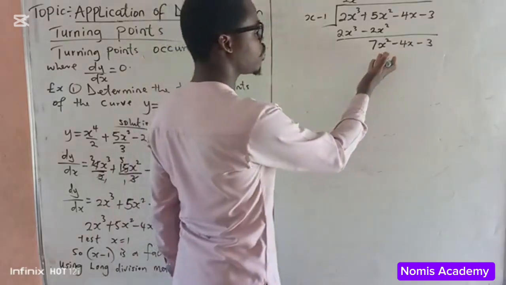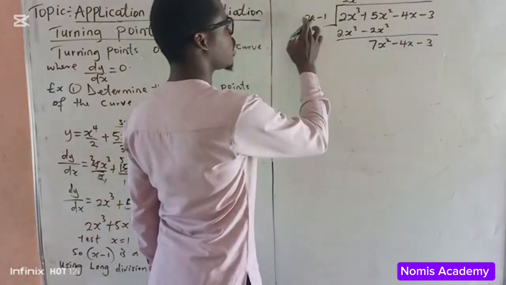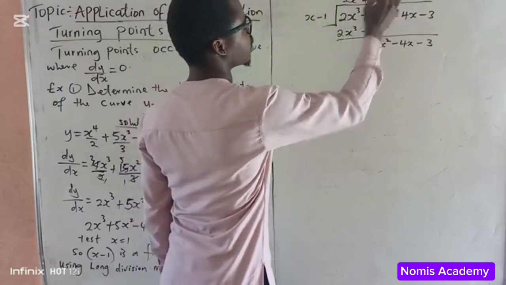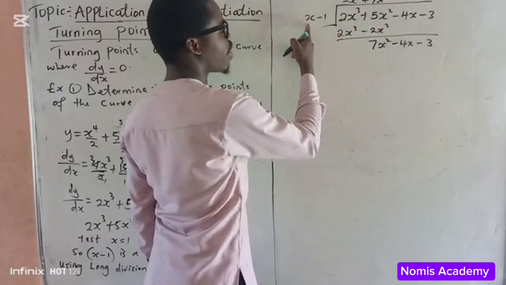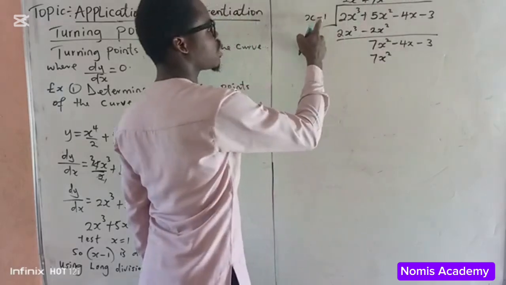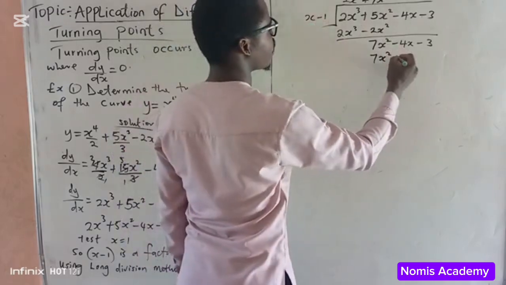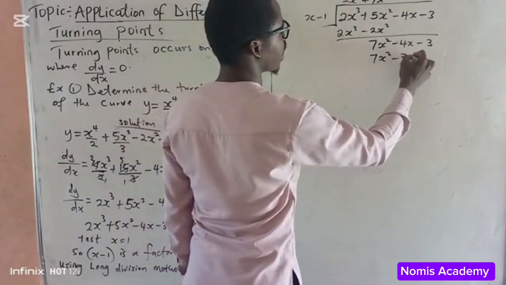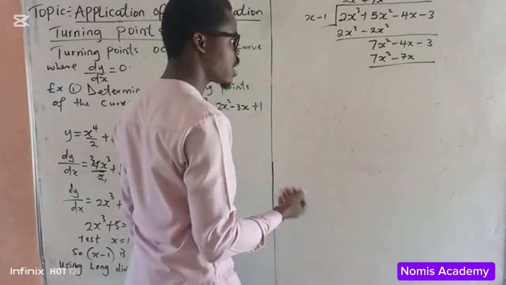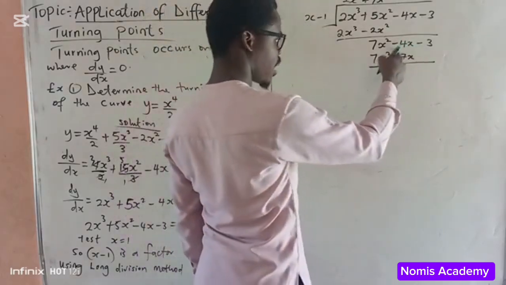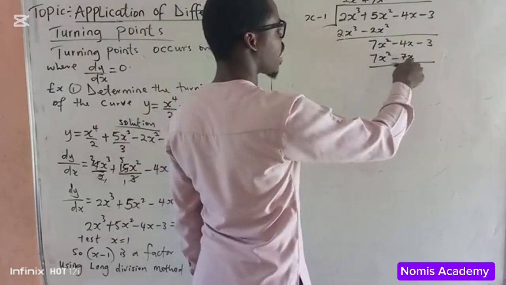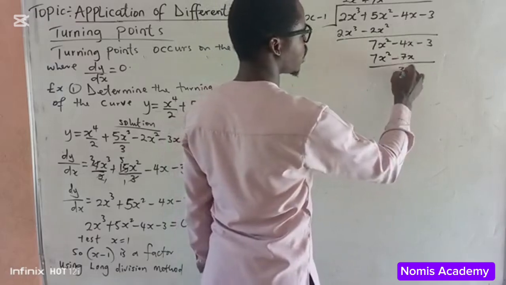To repeat the process, we have 7x squared divided by x, and that will give us plus 7x. 7x multiplied by x is 7x squared. 7x multiplied by minus 1, we have minus 7x. We subtract. 7x squared minus 7x squared is 0. Minus 4x minus minus 7x, minus minus is plus, so we have 7x minus 4x, which is 3x.